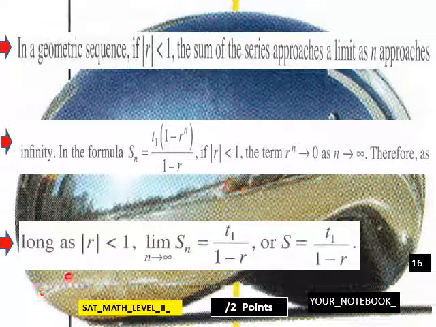Therefore, as long as the absolute value of r is less than 1, the limit of Sn as n goes to infinity equals term 1 over 1 minus r, or S equals term 1 over 1 minus r.